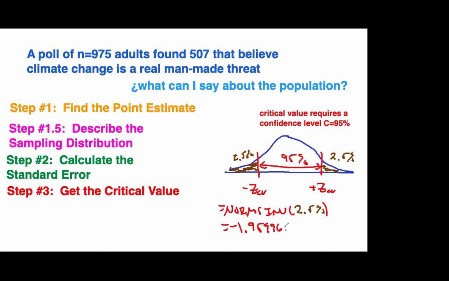That gives me this lower boundary. It's the same value up here. So my critical value would be plus or minus, I'll just round to 2 decimal places, 1.96.